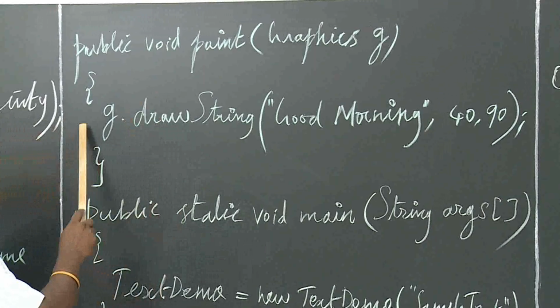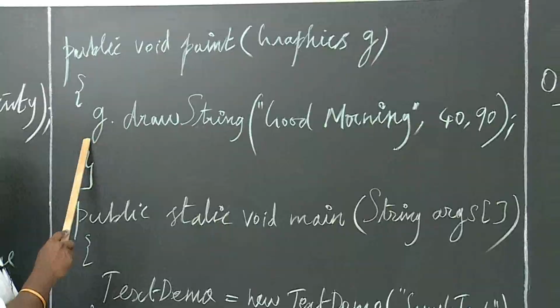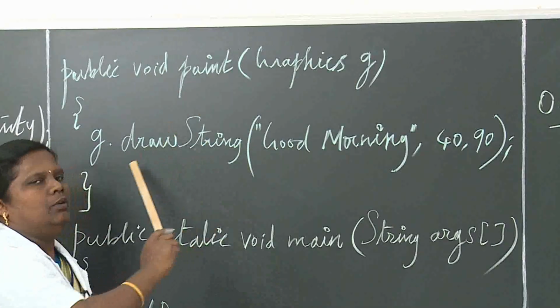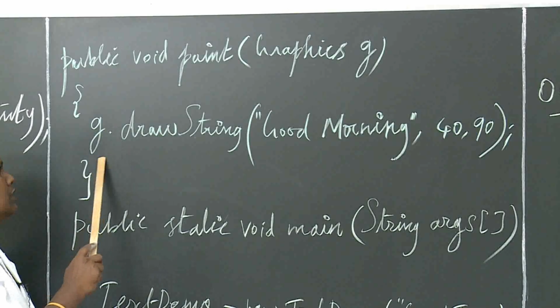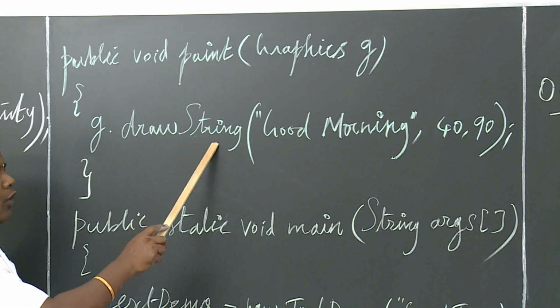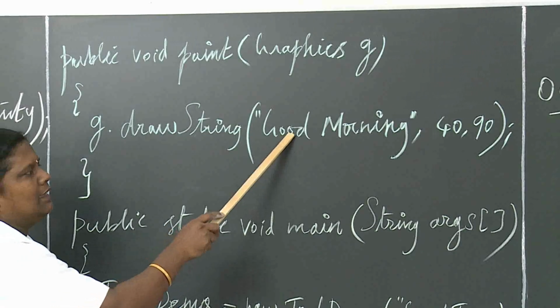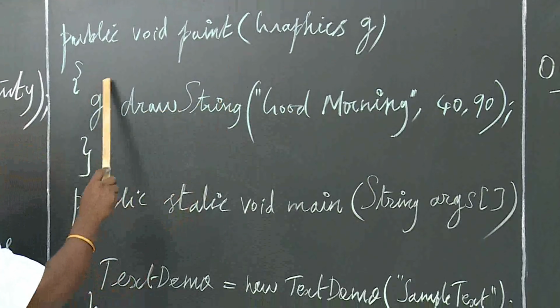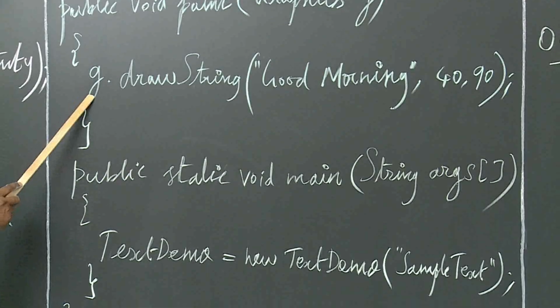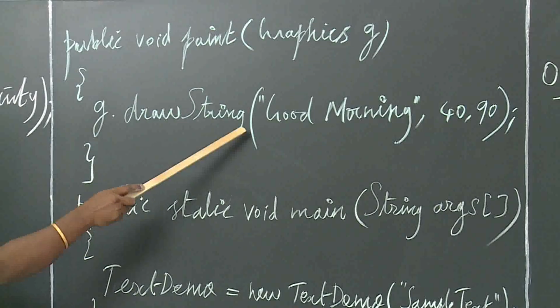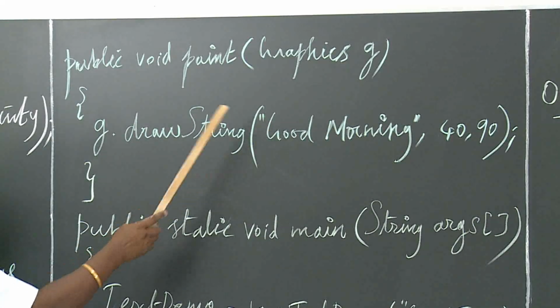Here we already know the object g, which is created from the Graphics class available in the AWT package. This object calls the drawString function in order to draw the text over the frame, which is why this function is included within the paint method.